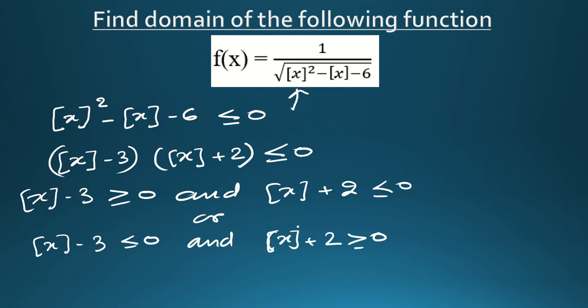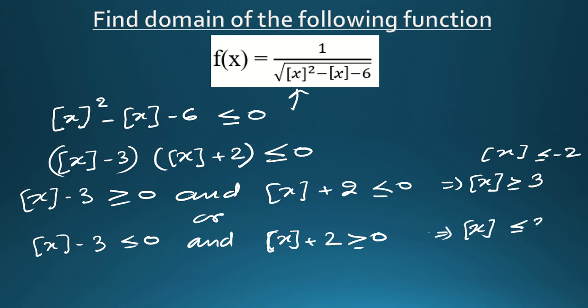Now we'll solve these inequalities and we'll get the values of x. From the first, you will get greatest integer x is greater than or equal to 3 and greatest integer x is less than or equal to minus 2. And from the second, you will get greatest integer x is less than or equal to 3 and greatest integer x is greater than or equal to minus 2.